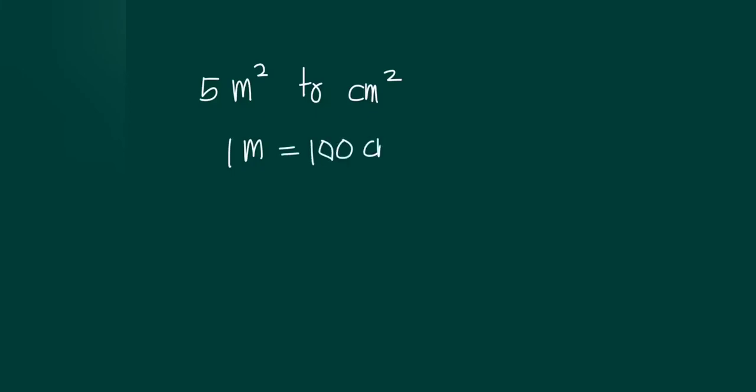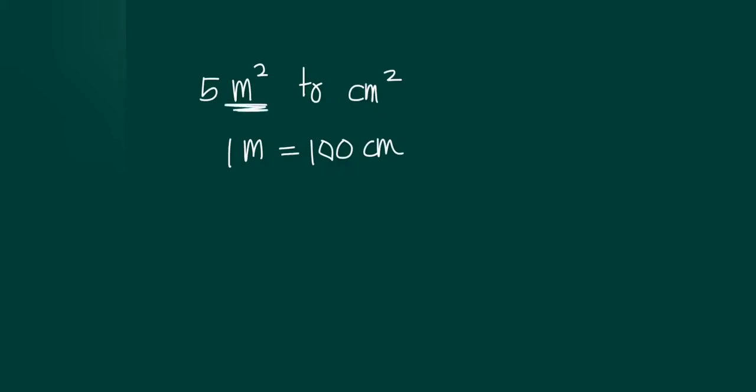Let's take an example. Suppose we want to convert 5 m squared to cm squared. I'll show you one way. You start with what we know: 1 meter is equal to 100 cm, and then this is the key.